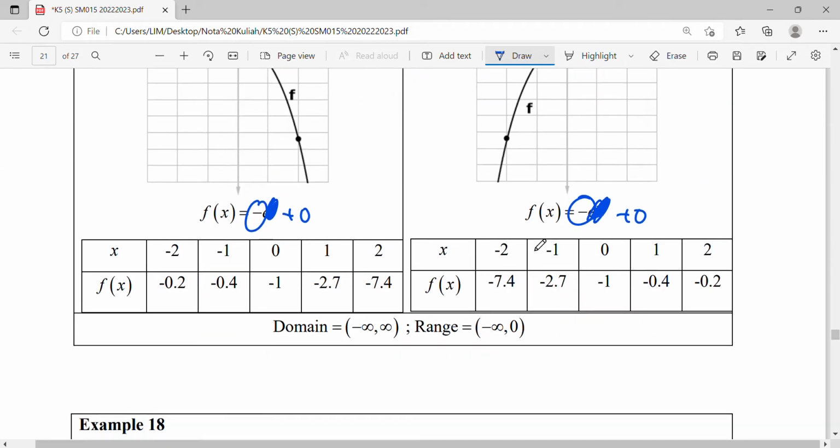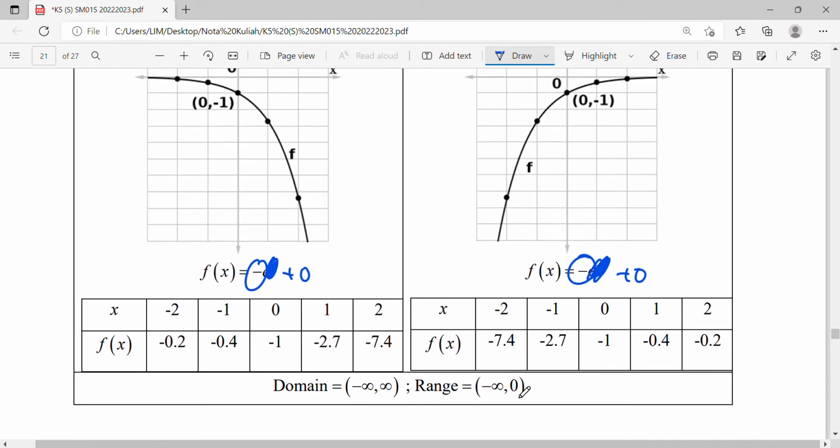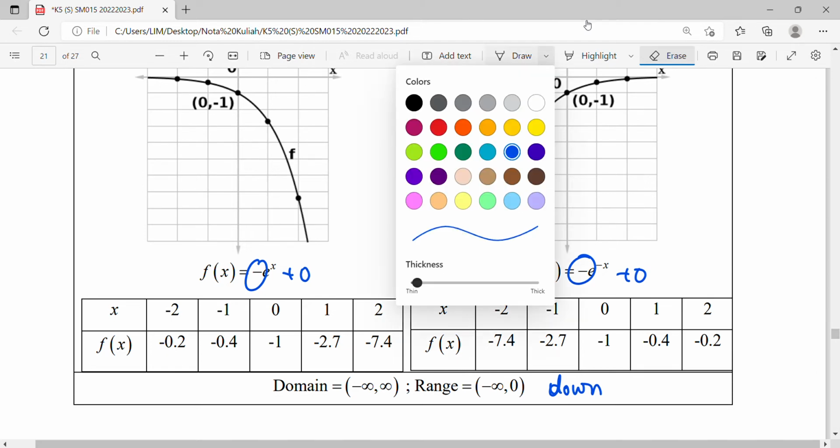When the range is negative infinity to 0, it means this graph is going down, shooting down. So 0 to the negative part of infinity, so you can go as downward as you can. So this is a downward graph. Whether it goes downward on the left hand side or right hand side depends on your power.